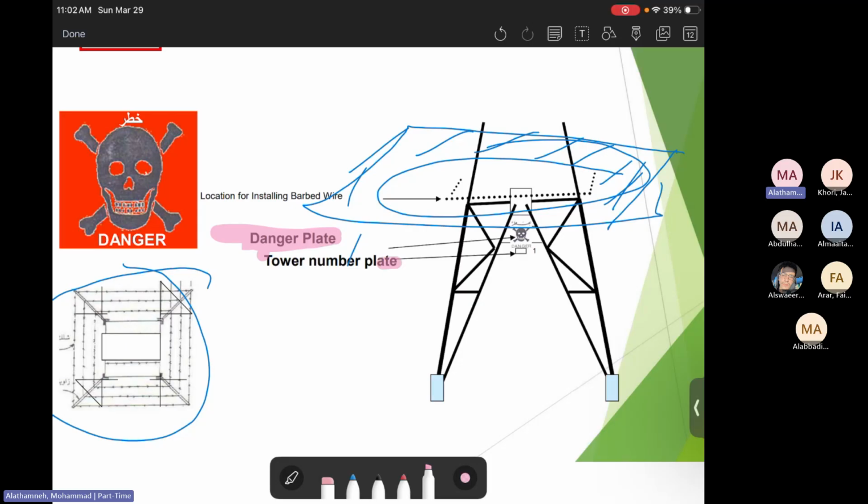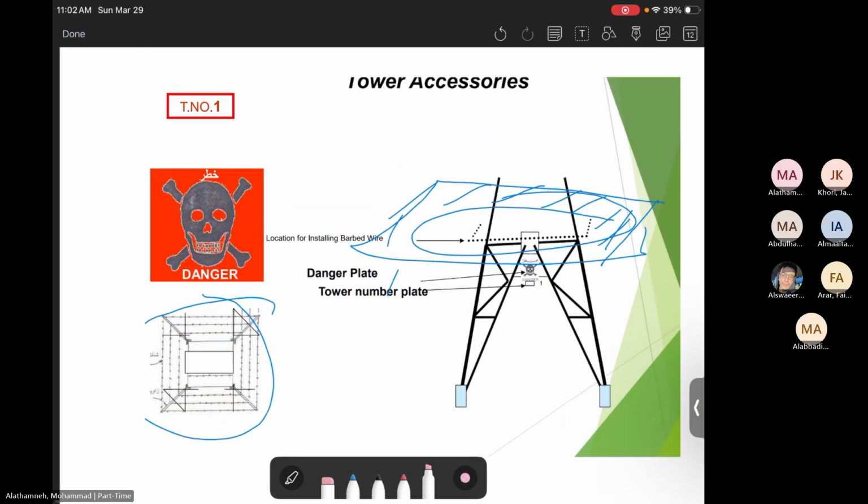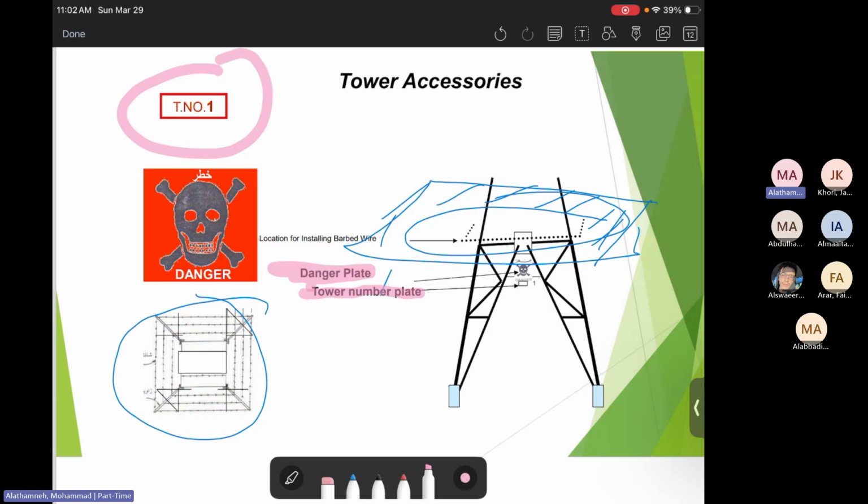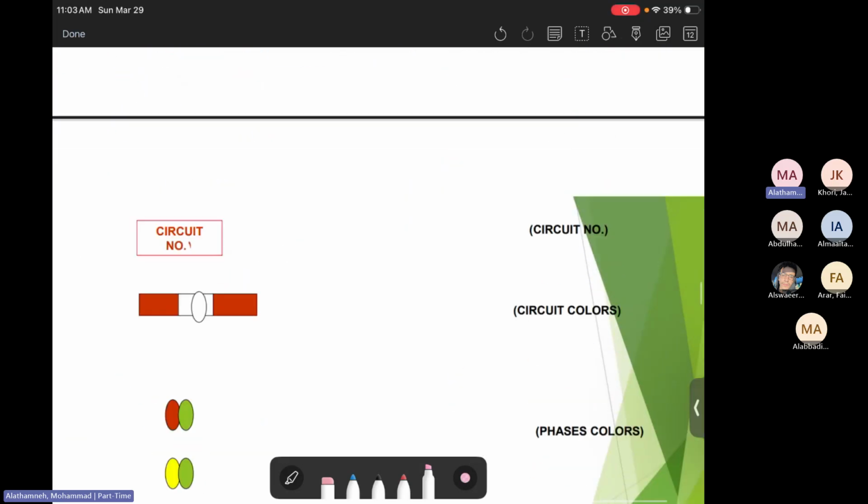And there should be tower number plates. The tower number will say, for example, this is tower number 1 or 2 or 3, and will give information. This tower belongs to, for example, Al Bayadir, South Amman, or belongs to Irbid substation, depending on the power line.